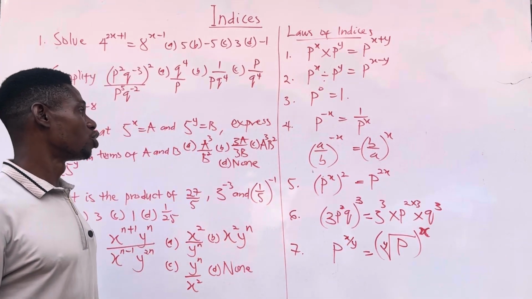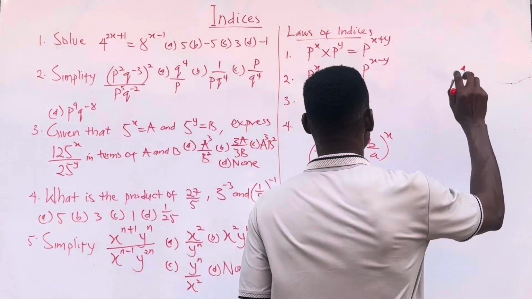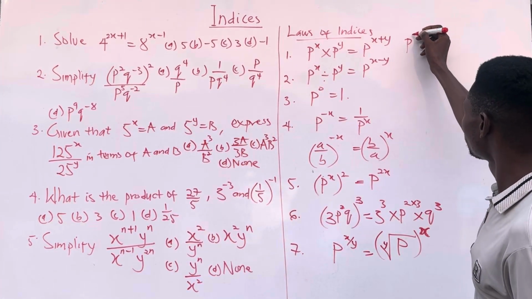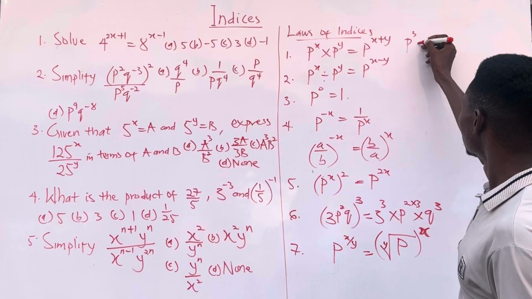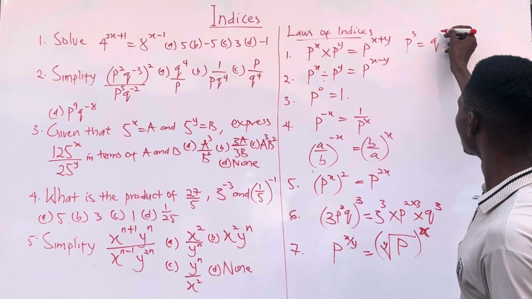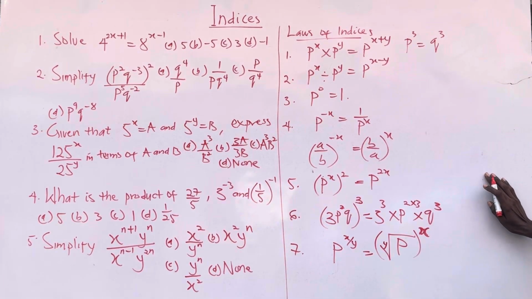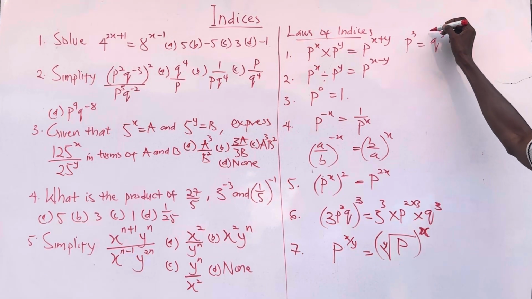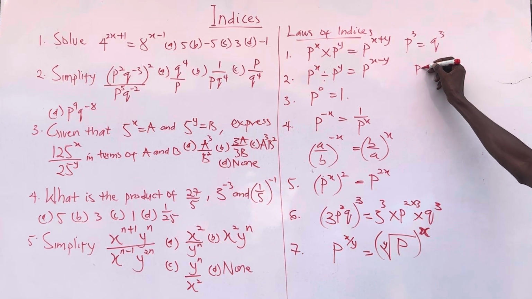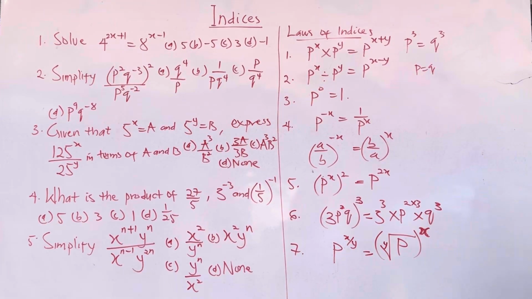Now there are a few things we need to know about exponents. Let's say we have p raised to power 3 equals q raised to power 3. Now watch. Because the powers are equal, we can equate the bases. And that's how it's applied.